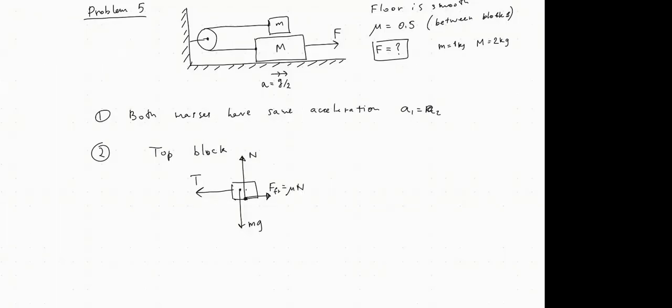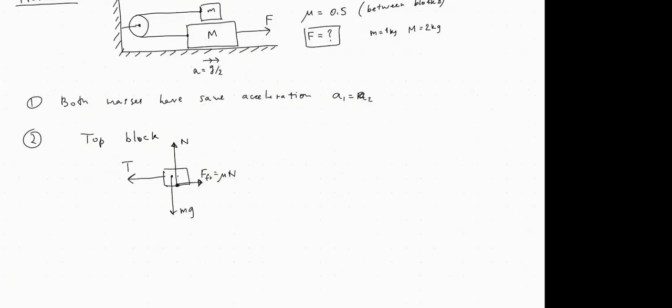And that means that n is equal to mg, so vertically the forces have to be balanced. Then horizontally, in the x direction, it's accelerating to the left. So mass times acceleration is equal to the resultant force. That's T minus mu n. But n is mg, so we can rewrite this: ma equals T minus mu mg. Nice.